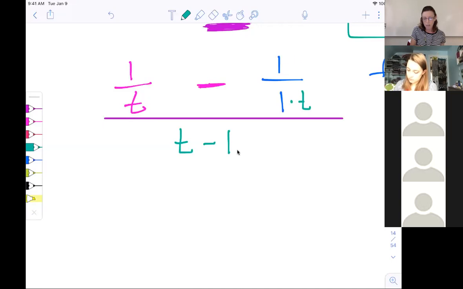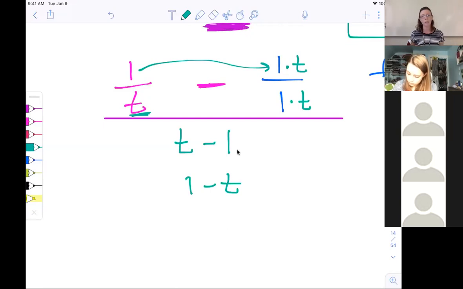So the common denominator is going to be t. They both need to have a t. Whatever the one on the left has, I need the one on the right to have that same thing. So I need to multiply both the values by t. If I combine my numerator together, I have a 1 and then I have a minus t. The goal of a common denominator is for me to be able to combine the two together because they now have the same denominator.